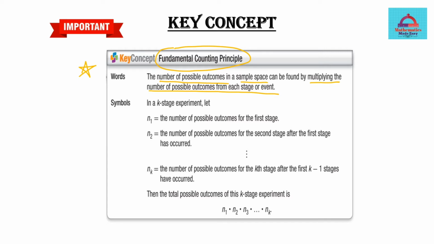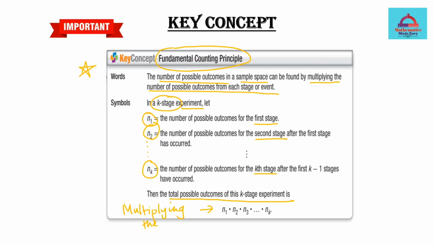So we are now doing the general formula for the fundamental counting principle. If you have n1 outcomes at the first stage, n2 outcomes at the second stage, and similarly after k stages you have nk possible outcomes, then the total possible outcomes for the k stage experiment can be found by simply multiplying all the possible options.